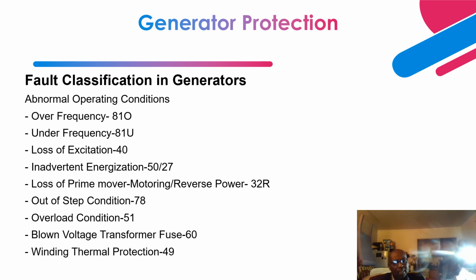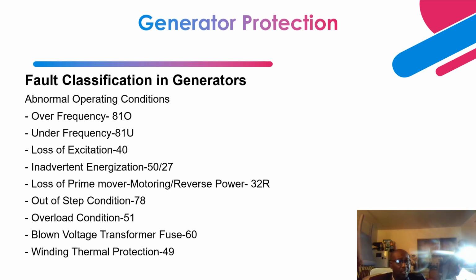Over frequency conditions are not much of a concern to the turbine side of the generator, but nonetheless, the manufacturers provide curves and charts to show you the allowable over frequency range and the timing that you can operate during an over frequency condition.